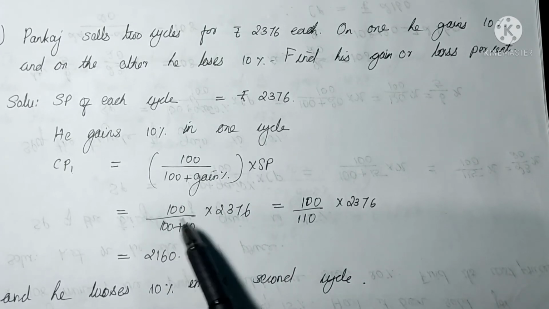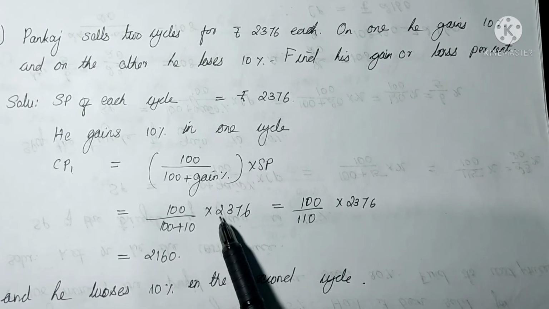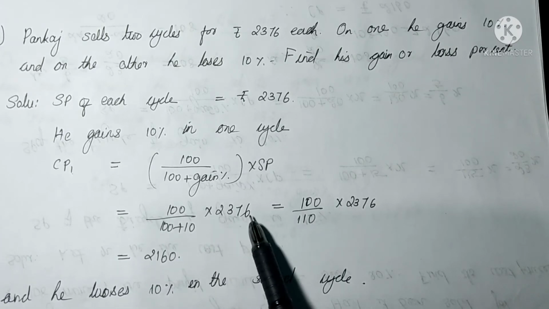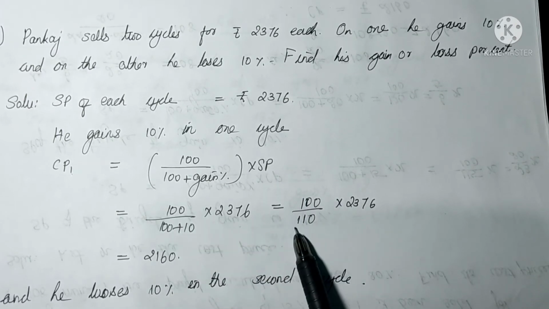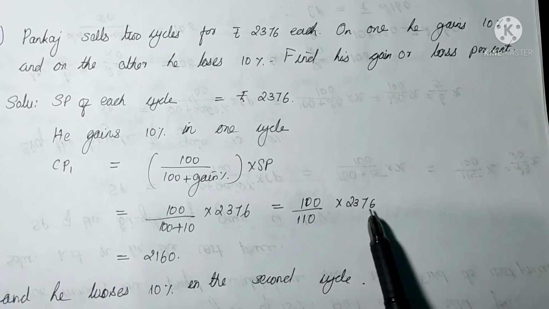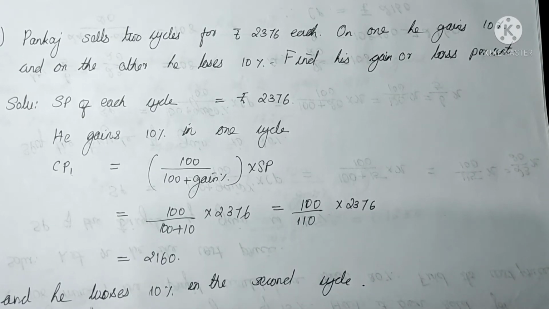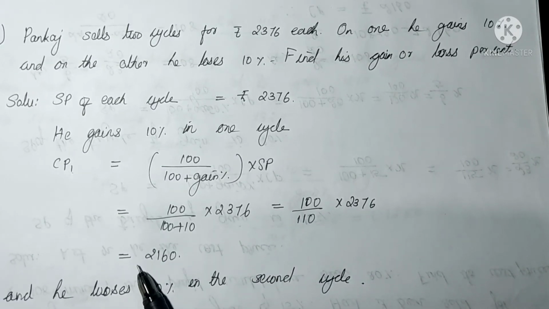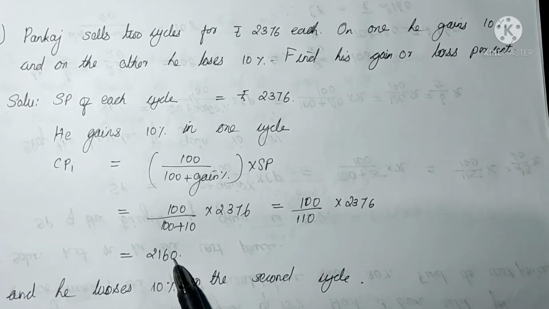Substituting the values: 100 by 100 plus 10 into 2376, which is 100 by 110 into 2376. Do the calculation, then you will get CP1, the CP of the first cycle, as 2160.